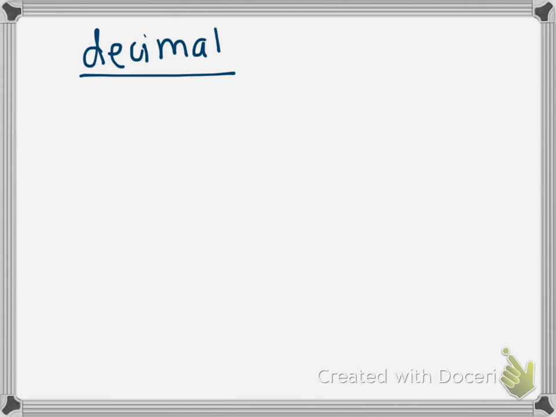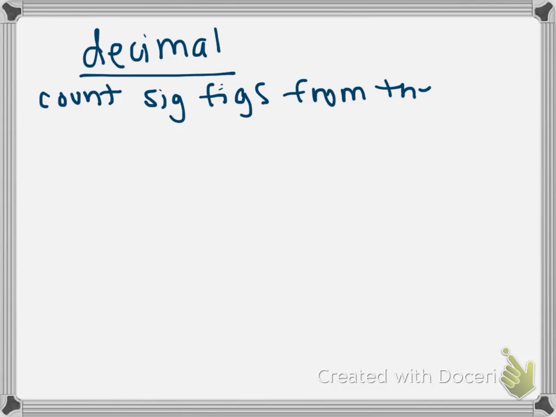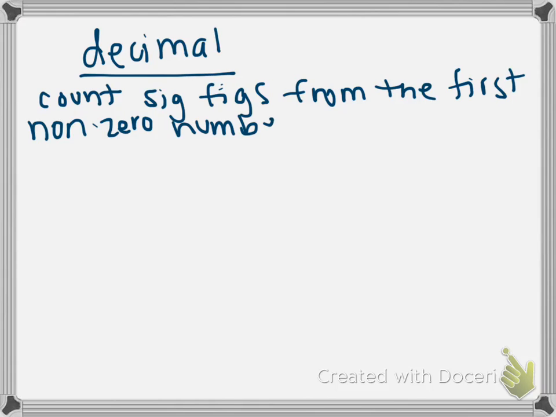Alright, the rule when you have a number that has a decimal in it is that you count sig figs from the first non-zero number moving from left to right.